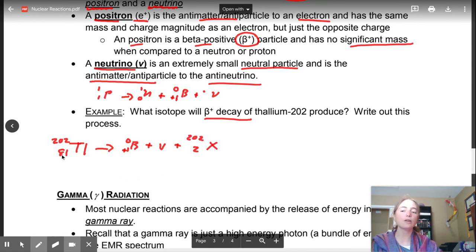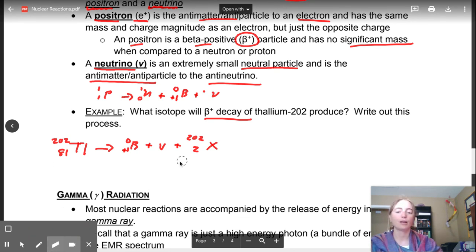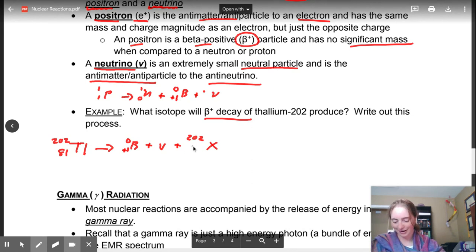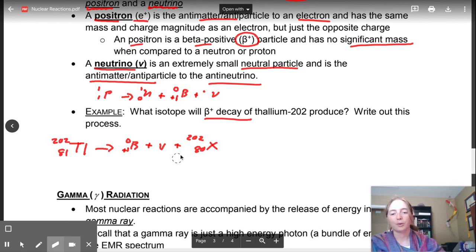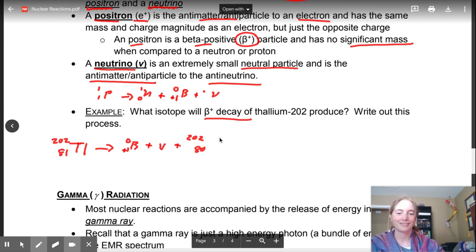We have to have a total of 81 protons. So over here, 81 and plus 1. What plus 1 gives me 81? 80. According to our periodic table, what has 80 protons?